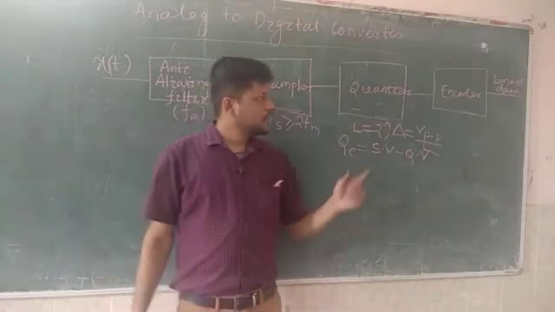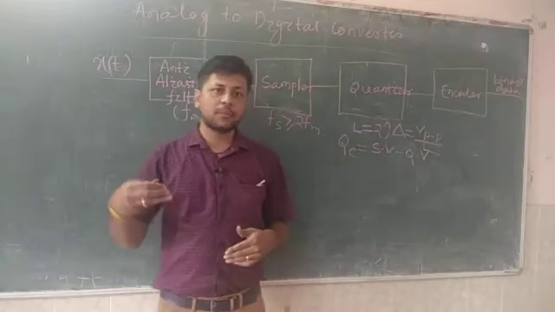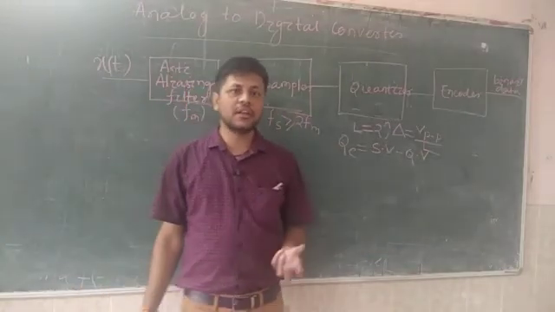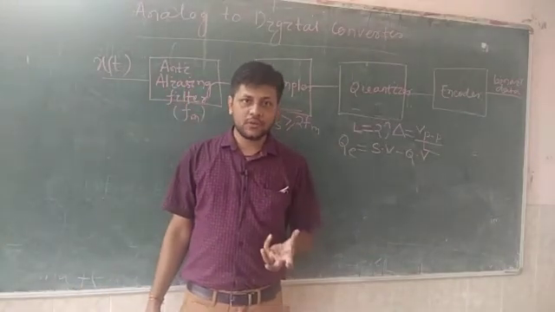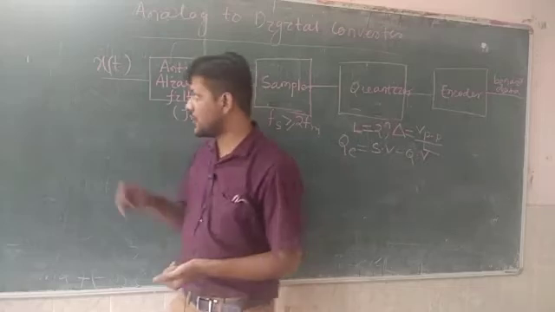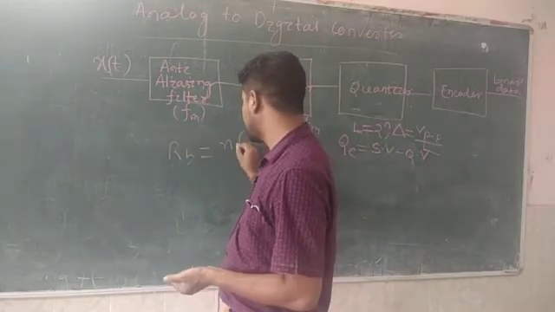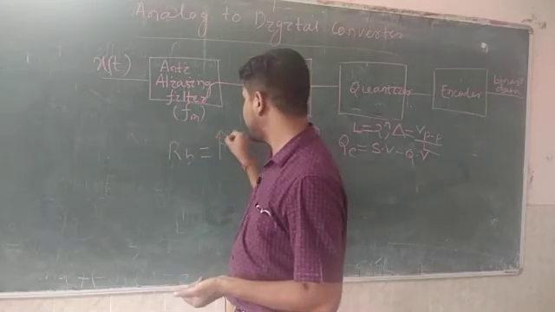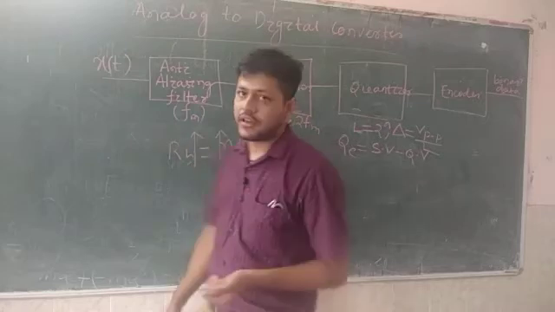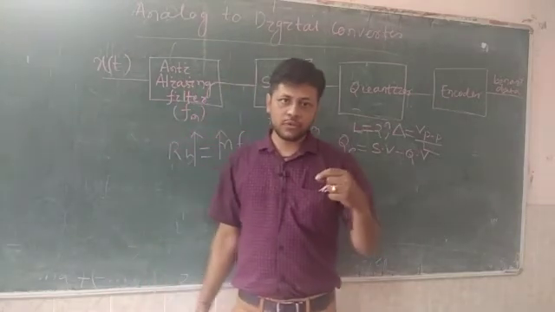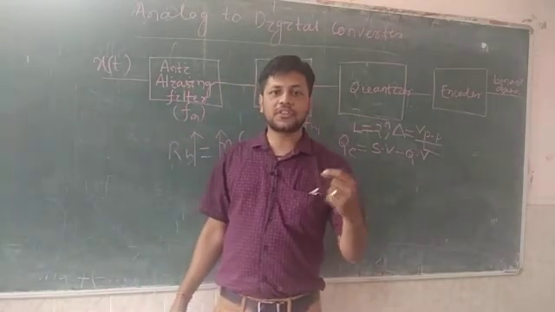But when the number of bits increases, what will happen? The channel bandwidth requirement will increase. Why? Because we have studied in PCM that bit rate is equal to n into fs. If the number of bits increases, the bit rate increases. The unit for bit rate Rb is bps, bits per second.